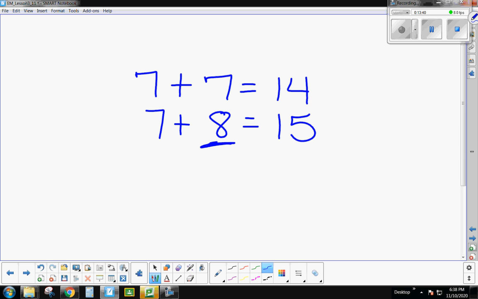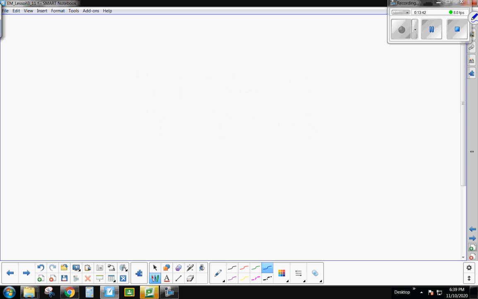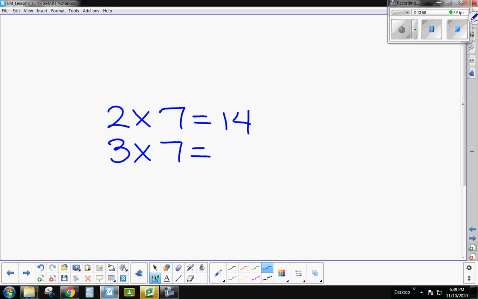Now, it's the same way with multiplication, except now you're not adding on just one more, you're adding on one more group. So if I have 2 times 7 equals 14, then 3 times 7, I've got to add on another group of 7. So I have to do 14 plus 7 equals 21.